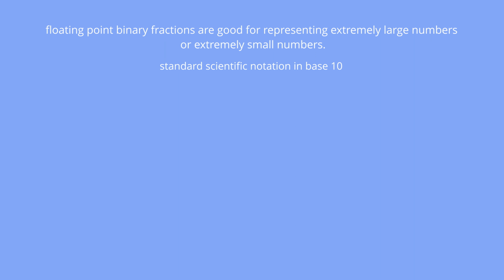Let's first consider standard scientific notation in base 10. For example, we have this large number. As we can see, it has a lot of zeros in the end. Let's make a more concise variant of this number. We can put a point at the very end of this number.